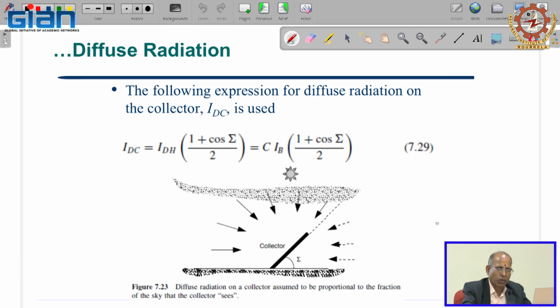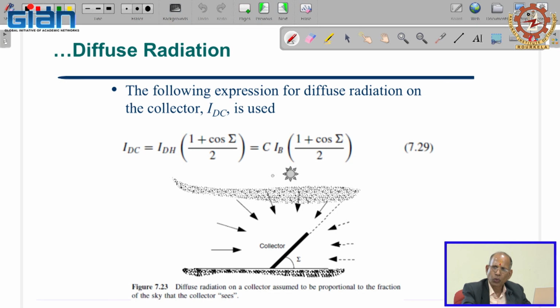From whatever you had on the horizontal surface, like the diffuse coming from all the directions, IDC will be IDH times (1 plus cos sigma) by 2, or IDH is C IB, so C IB (1 plus cos sigma) by 2.